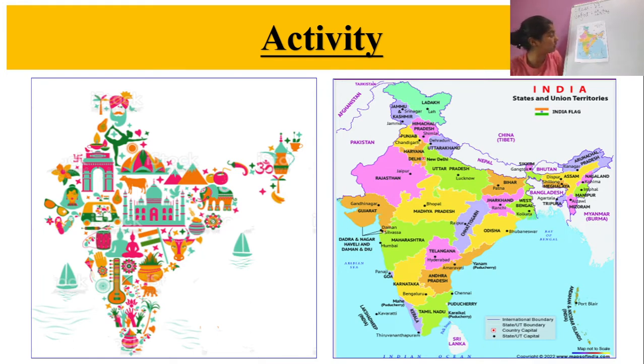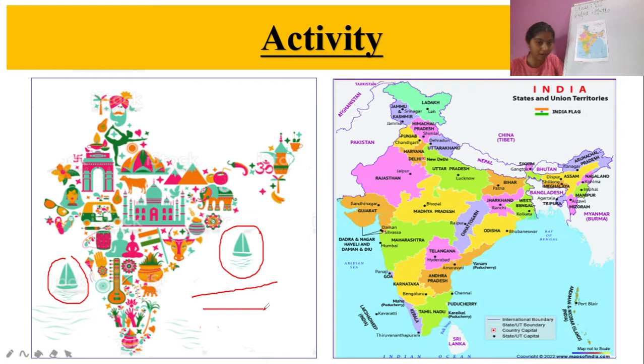So here you can see we have a map of India which has different states, union territories, and state and capital also. So students, in the first image we come to know that as the water is there, which is represented by a boat, that means we have water, right? And that means here we also have land. Here blue color is representing water, right?